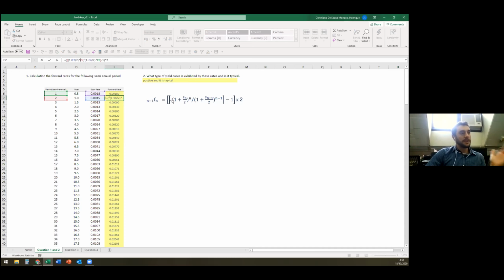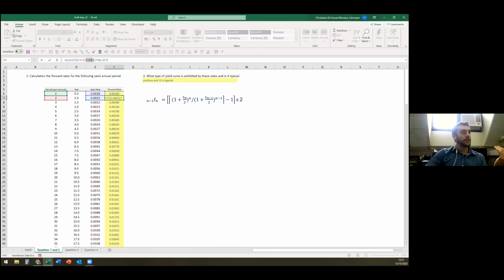So just be careful because there are two parentheses kind of, or three actually, right? So 1 plus the spot rate of this period n divided by 2, that's what we have here, raised to n. And you could have typed 1 or 2, sorry, but ideally you would link it here because then you can drag the formula down.